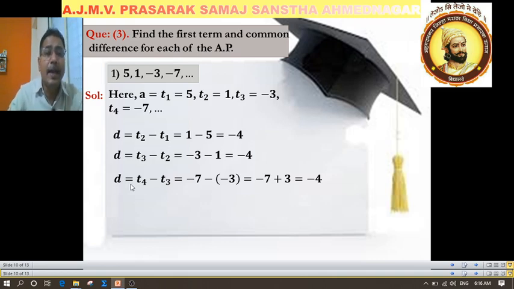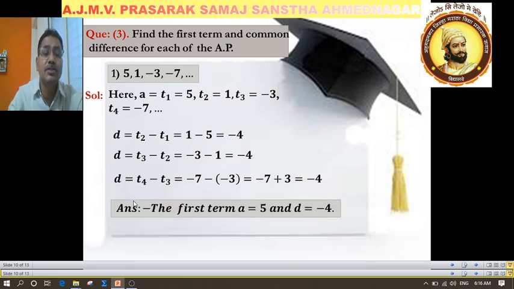So for finding the common difference d, take the difference between any two consecutive terms, which is equal to the common difference. So common difference d is equal to minus 4 and the first term a is equal to 5. So the answer is the first term a is equal to 5 and common difference d is equal to minus 4.